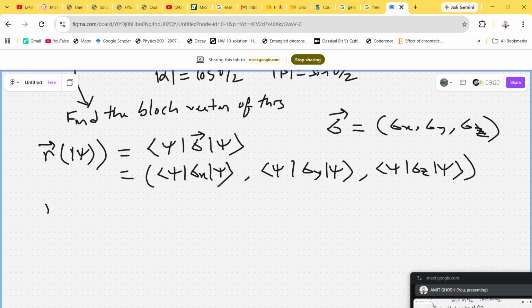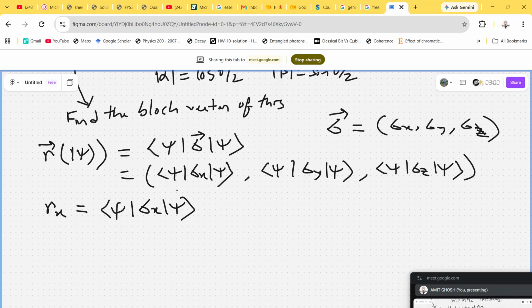So you can verify, what do you expect? Rx is sin theta cos phi, like this, right? And Ry is sin theta sin phi. You will get the same thing. Suppose you calculate Rx, just calculate <psi|sigma_x|psi>.